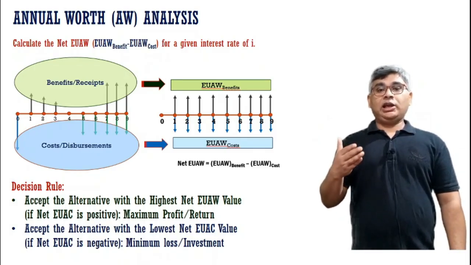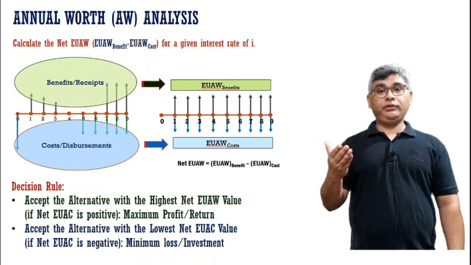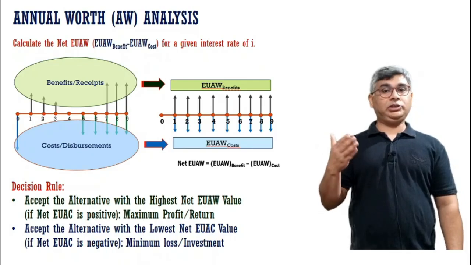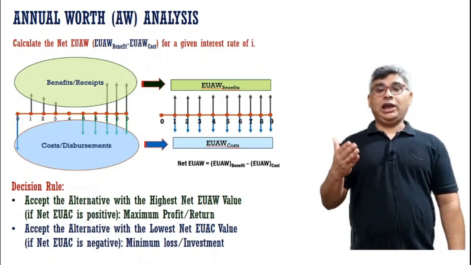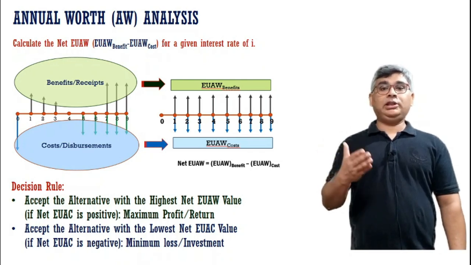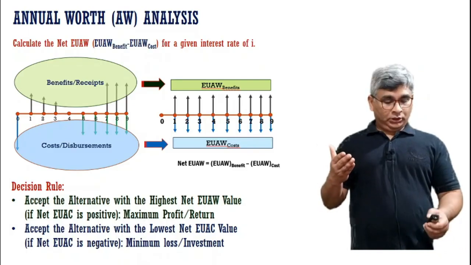So the criteria is, if we take the difference and it is positive, then the maximum positive value is the selected one, because that is the maximum amount of profit being generated from a business. And if this comes out negative, that is cash outflow, then the minimum of the outflow is taken as the selected criteria.